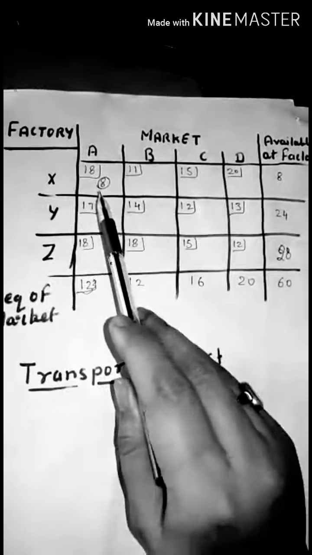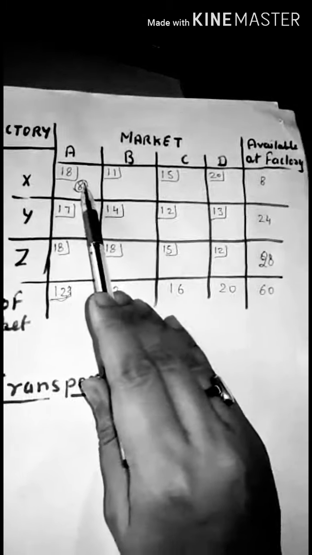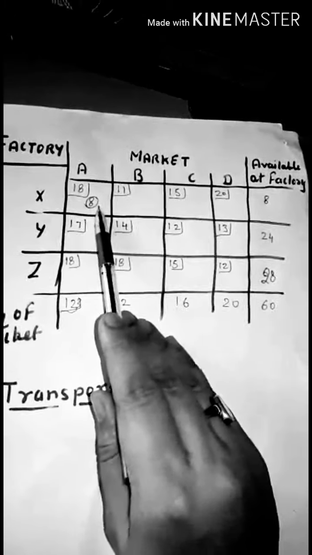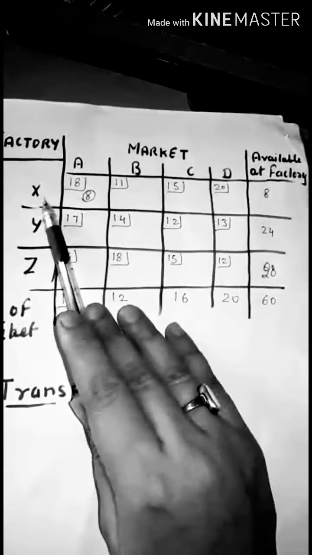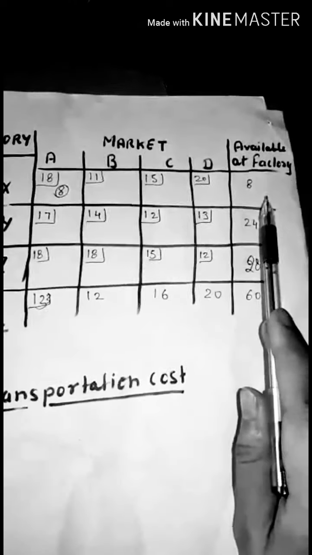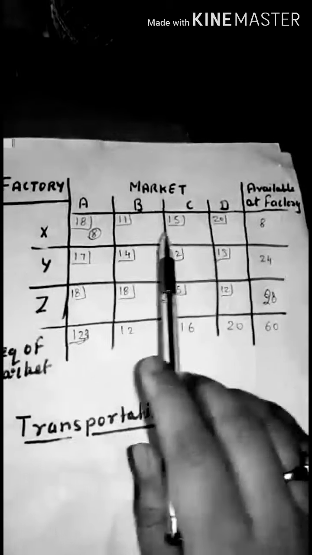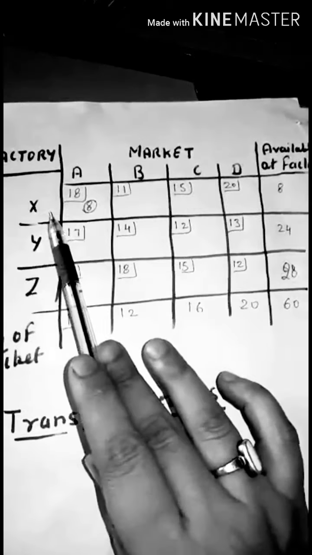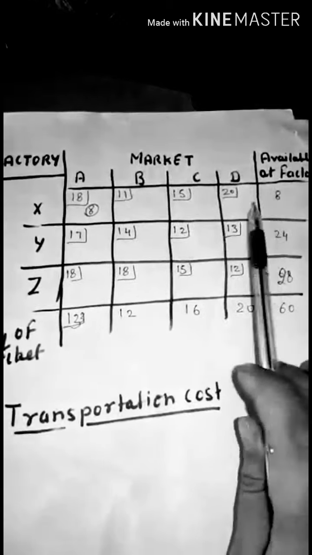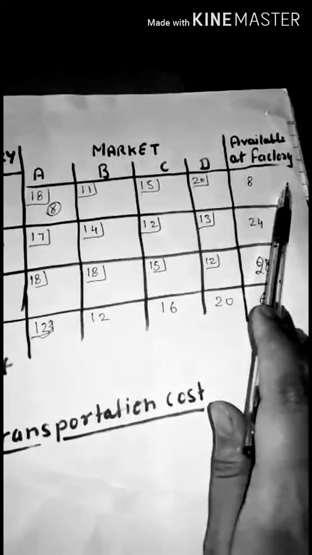We can only fulfill the demand of XA cell by 8 quantity because factory X has only 8 quantity to supply. Now we cross out the factory X because its supply has been finished.